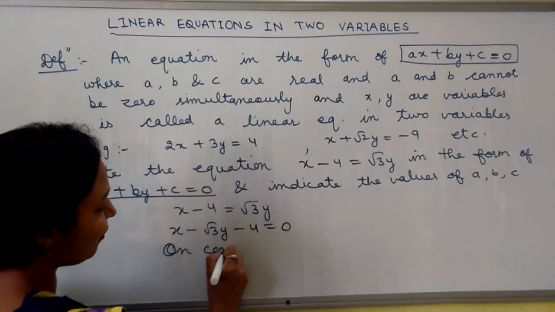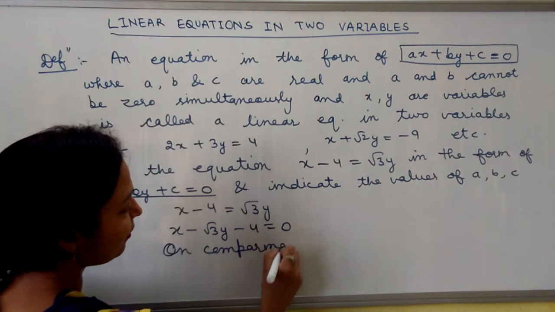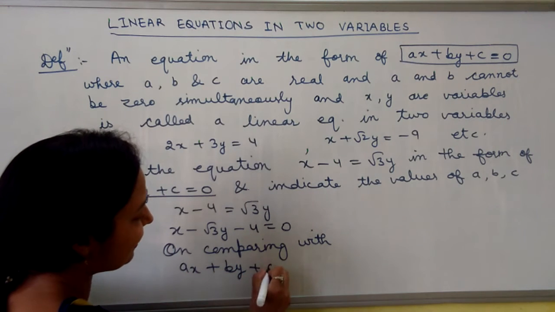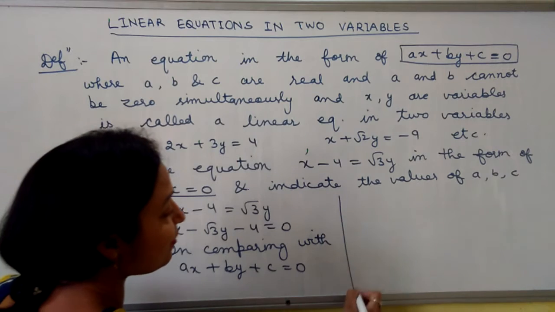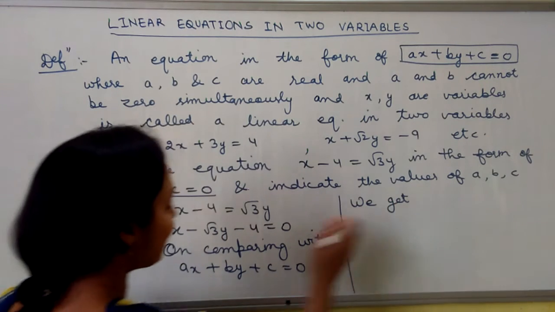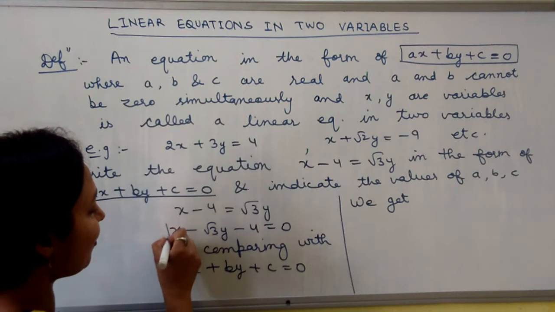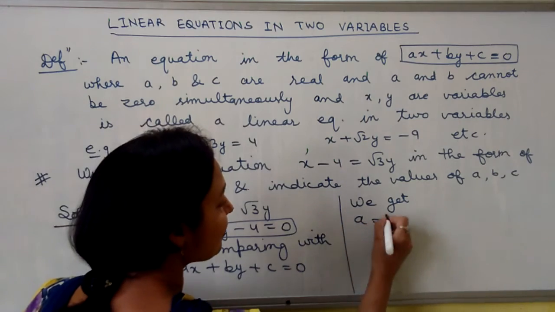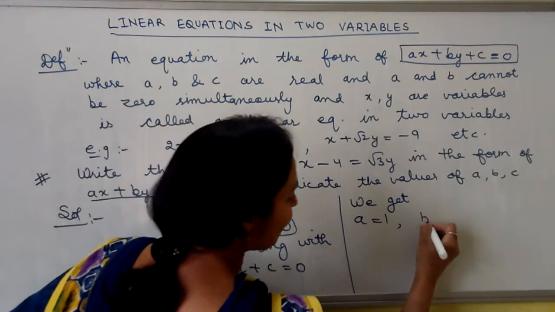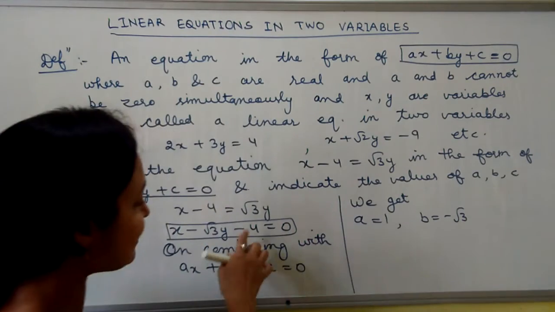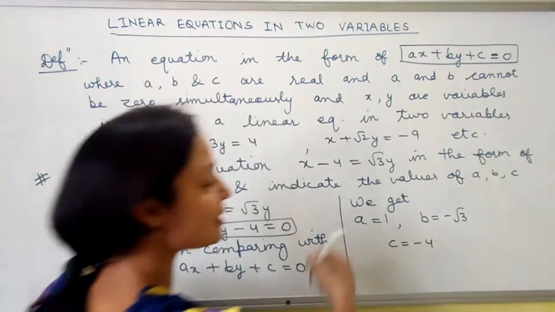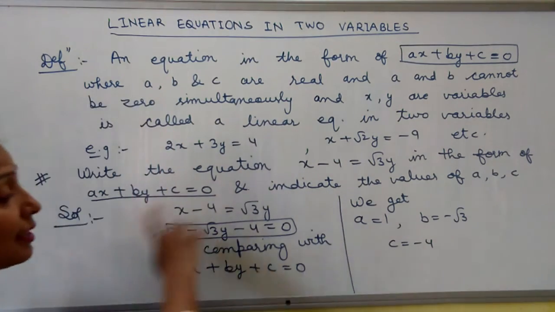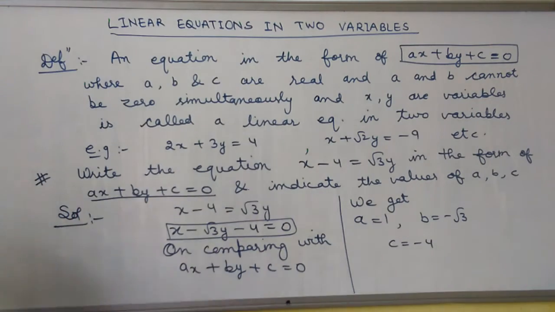On comparing with ax plus by plus c equals to 0, we get a equals to 1, b equals to minus root 3 and c equals to minus 4. So this is the way to solve the equation and indicate the values of a, b and c. Okay, now come to the solutions.